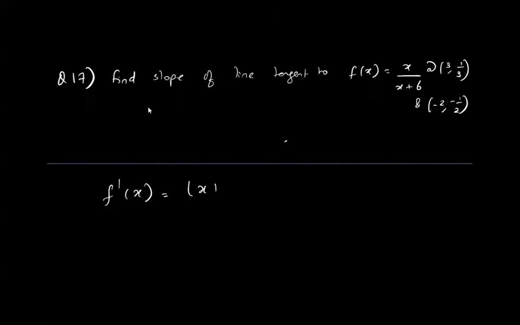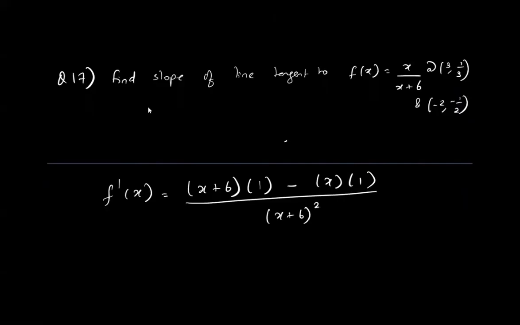I take the denominator, multiply with the derivative of the numerator, minus numerator times the derivative of the denominator, all over denominator squared. Simplify this. x plus 6 minus x over x plus 6 the whole squared, which is 6 over x plus 6 the whole squared, because this and this get cancelled.